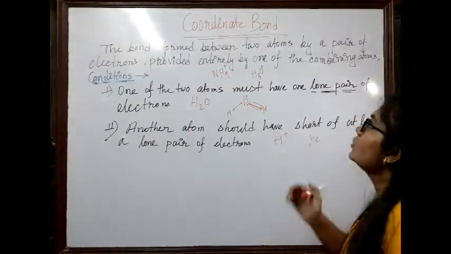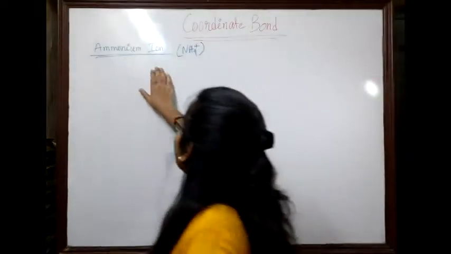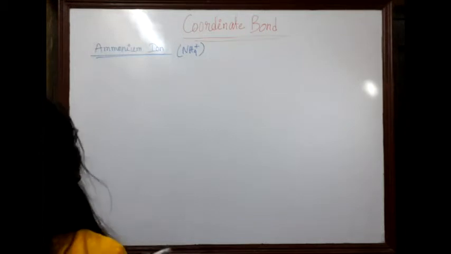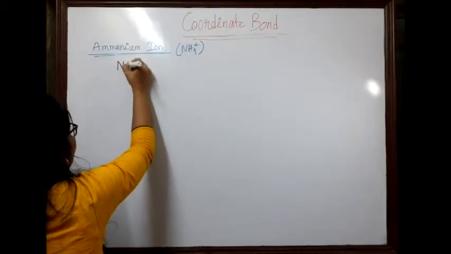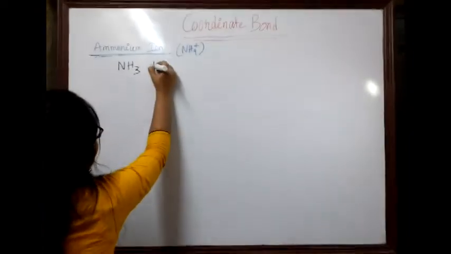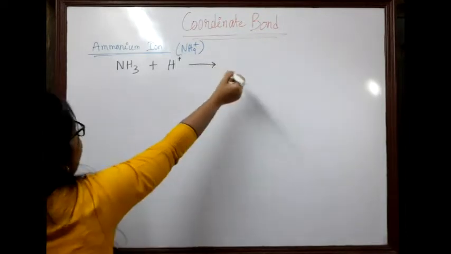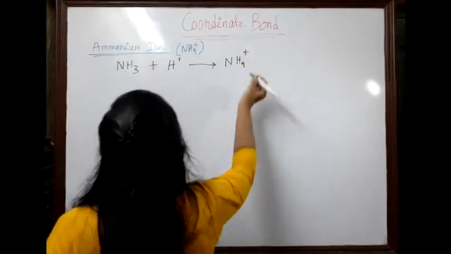Okay. So come to the examples. At first is the ammonium ion, NH4 plus. Okay. At first we will see how NH4 plus is formed. NH3, ammonia, plus H plus, that forms NH4 plus.